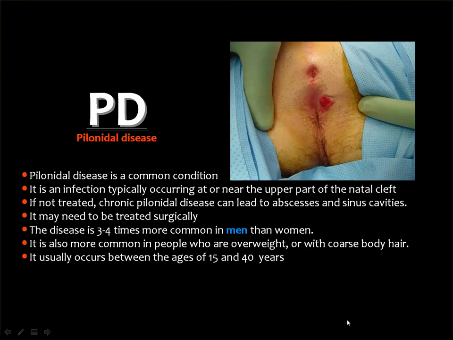Pilonidal disease is an inflammatory condition in the subcutaneous tissue and the skin of this particular area, which may lead to the formation of abscesses and sinus cavities.